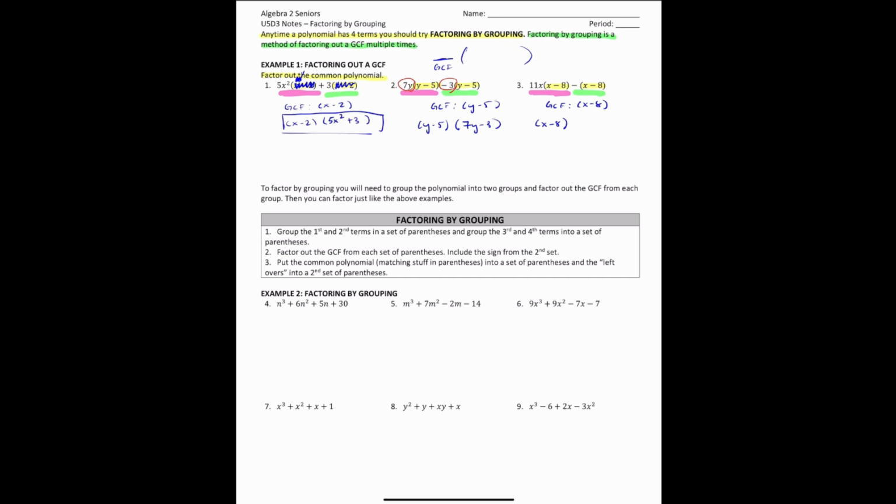So x minus 8 times the quantity. What's left over? That would be 11x and that negative 1. Alright, so x minus 8 times the quantity of 11x minus 1.